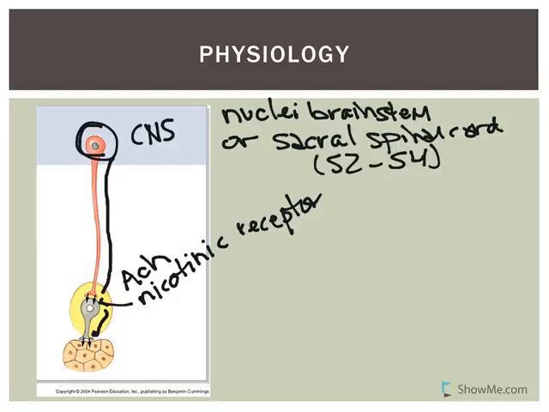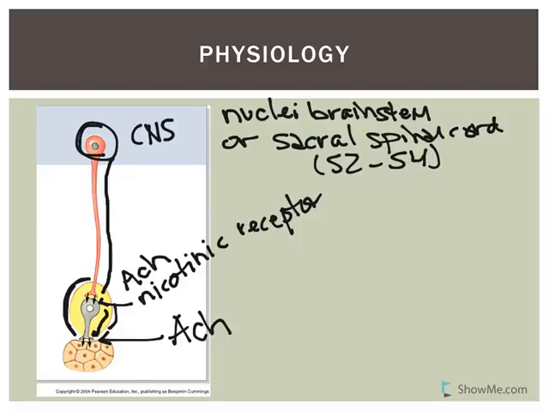So you'll notice the cell body of the postganglionic neuron is located within a ganglia, right here. And then the axons, which are relatively short, are going to travel to their various target structures. And here, the release of the neurotransmitter is always going to be acetylcholine.